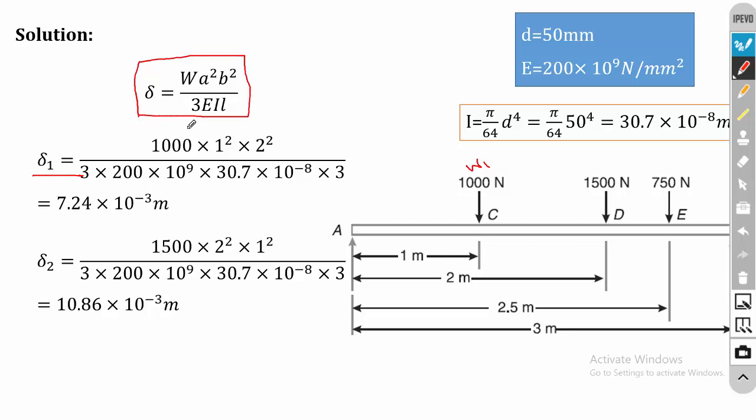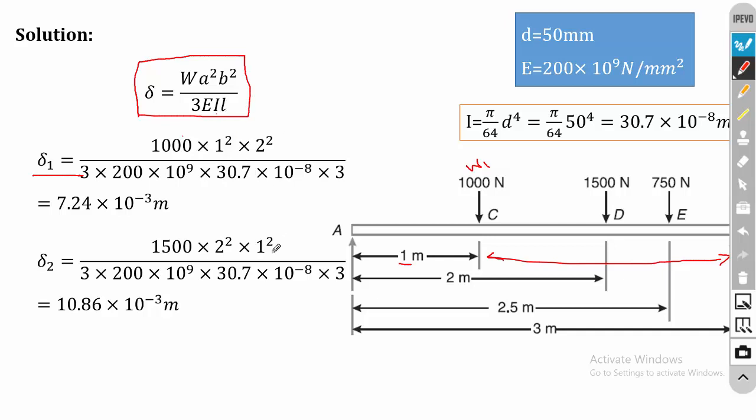Fine. So W1 is 1000. A for this W1 is 1 and B is the distance at the opposite side, that is 3 minus 1 meter is 2 meters. So 2 square divided by 3. E is given in the problem, that is 200 into 10 power 9 Newton per meter square. So here I have substituted everything in meter.